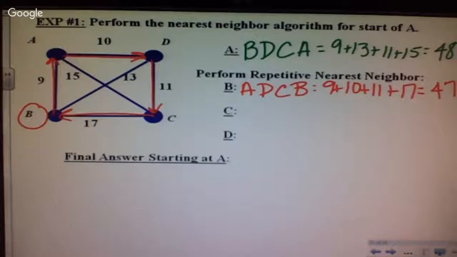Hold on, wait. You said 9 plus 10 plus 11 plus 17. Okay, I did it wrong. 9 and 11 is 20, and 10 is 30.